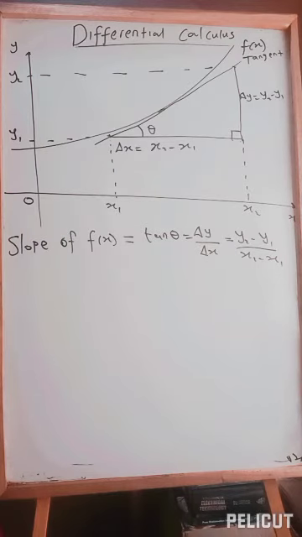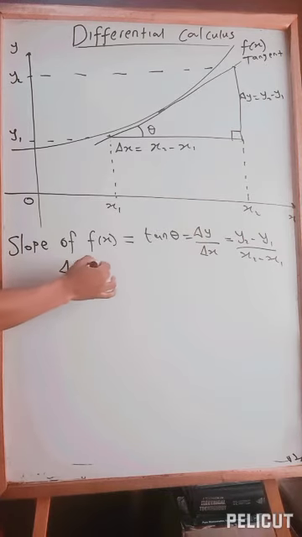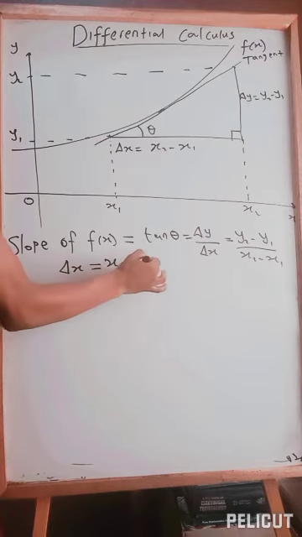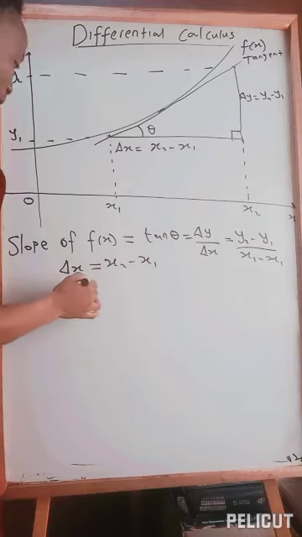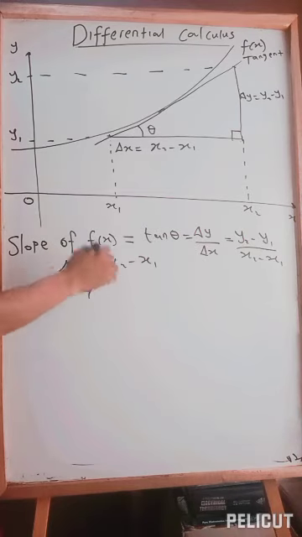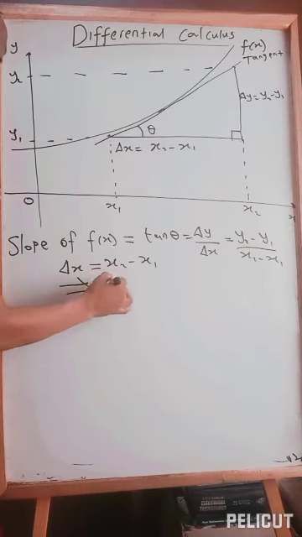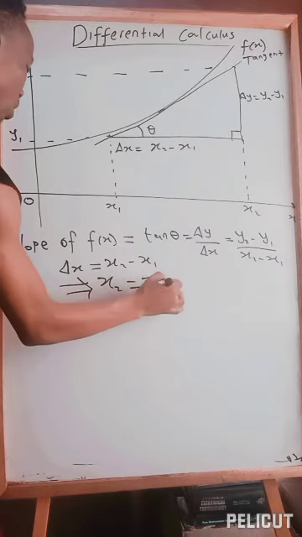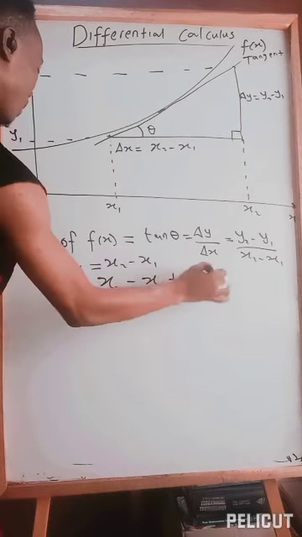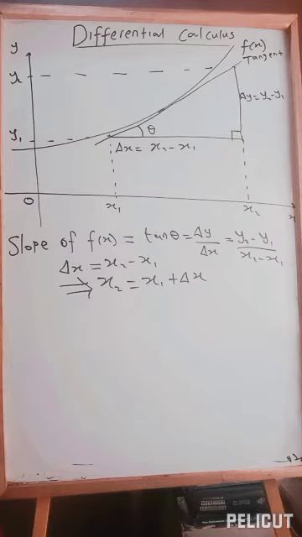Now that we have this, the next thing is to look at this. With this, we can see from the diagram that delta x is x2 minus x1. So this implies that x2 is actually x1 plus delta x, by making x2 the subject of the formula.